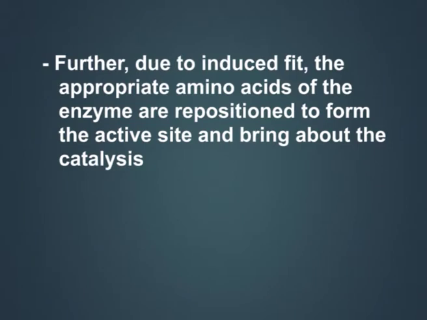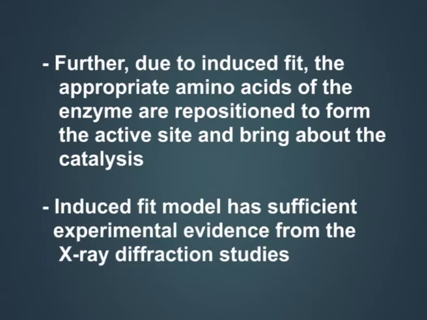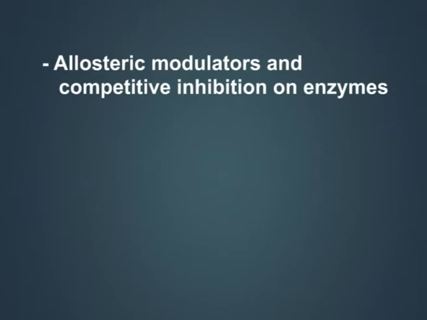Further, due to the induced fit, the appropriate amino acids of the enzyme are repositioned to form the active site and bring out the catalysis. The induced fit model has sufficient experimental evidence from X-ray diffraction studies, allosteric modulators and competitive inhibition on enzymes.